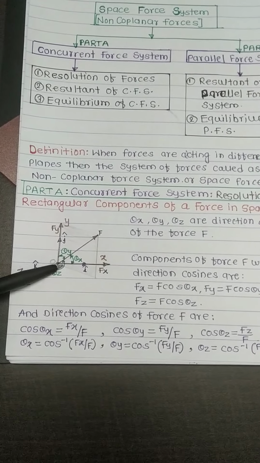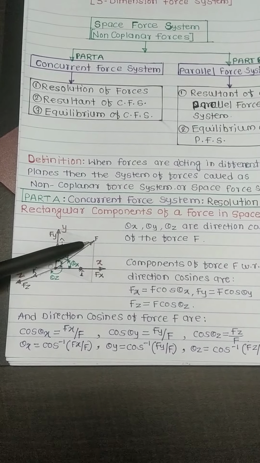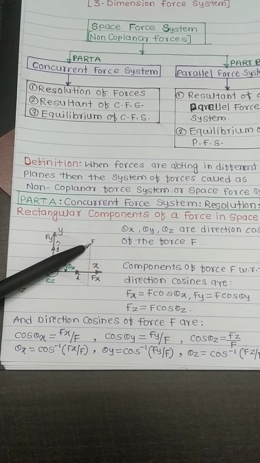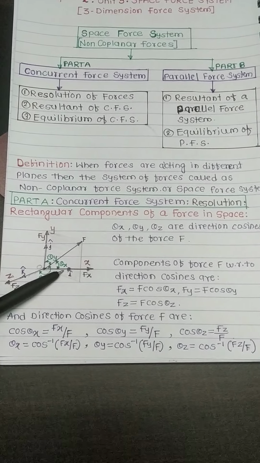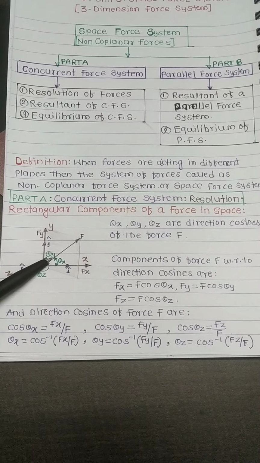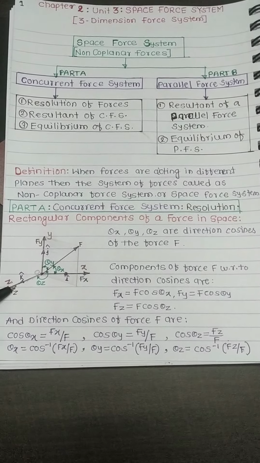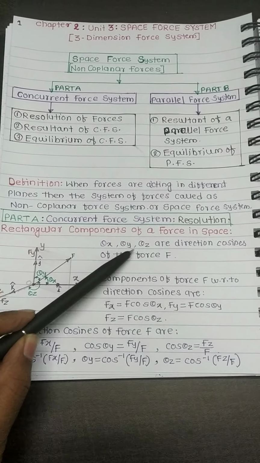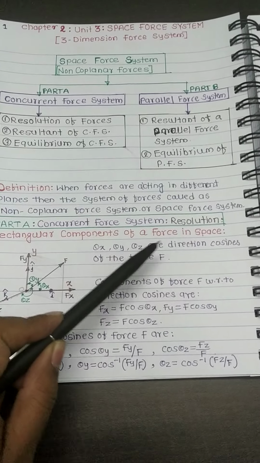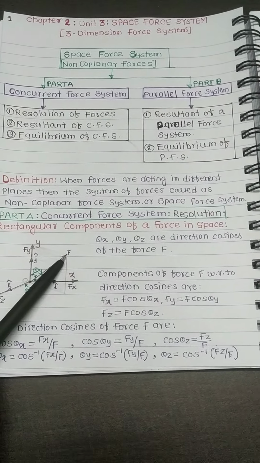In that, force F is represented and the force F is defined with its cosine direction theta x with x-axis, theta y with y-axis, theta z with z-axis. Therefore, theta x, theta y, theta z are direction cosines of the force F.